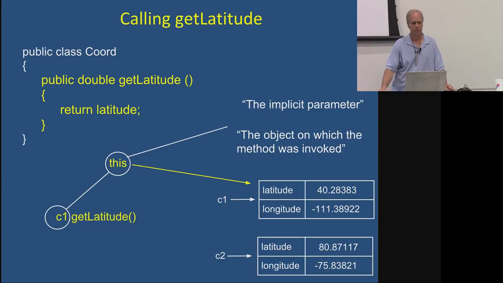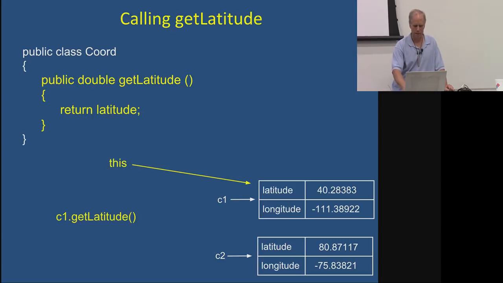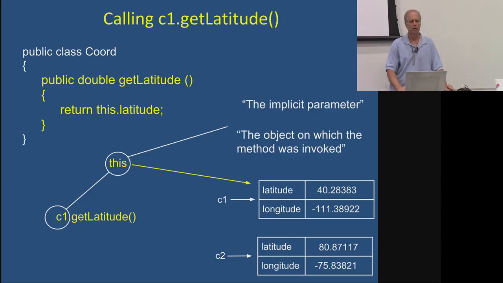And you hardly ever see it written like that. The only time it's necessary is when there's some other variable called latitude, and you need to distinguish between a parameter called latitude, say, and the instance variable latitude. So you say this dot latitude when you're talking about an instance variable. But we won't see that for a while. Okay? So think of instance variables that way.